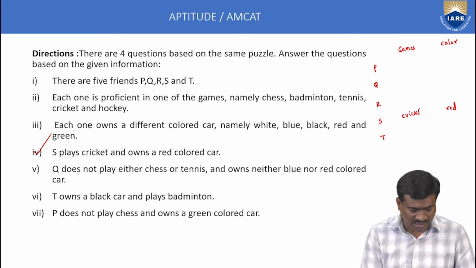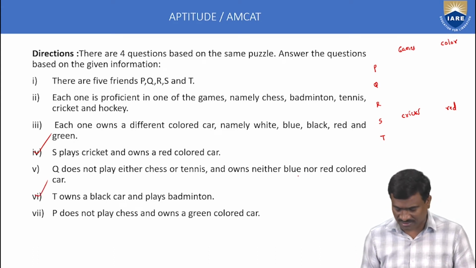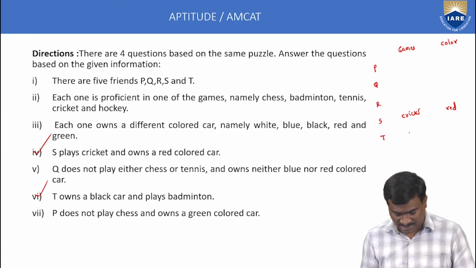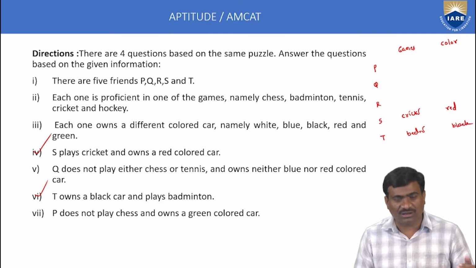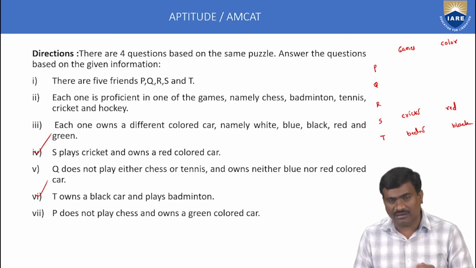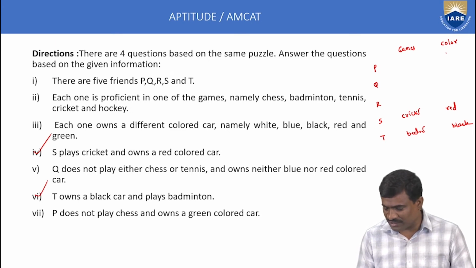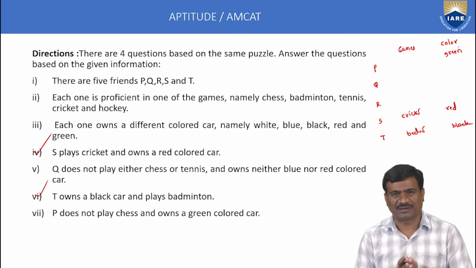Next, the 6th one is again clear information: T game badminton, color black. Next, the 7th condition: P does not play chess and owns a green colored car. Next, P color green. This is called basic information.